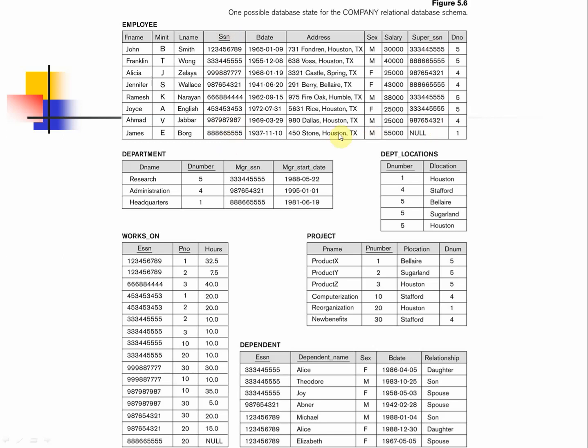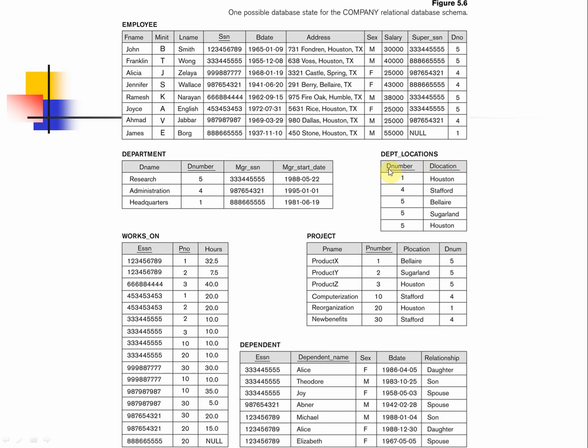It's going to be the same thing for department locations, indicating which department is located in what location. And this is what we can see when we look at the real data. Again, this department locations table has to have both attributes underlined, indicating it's going to be a composite primary key.